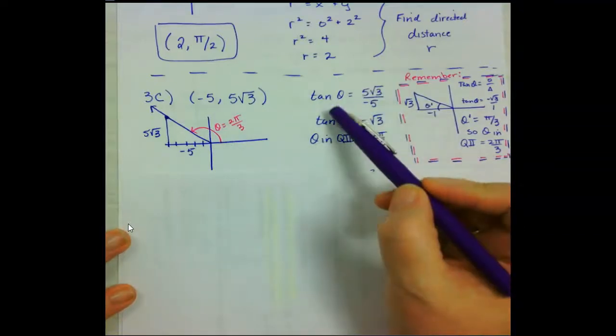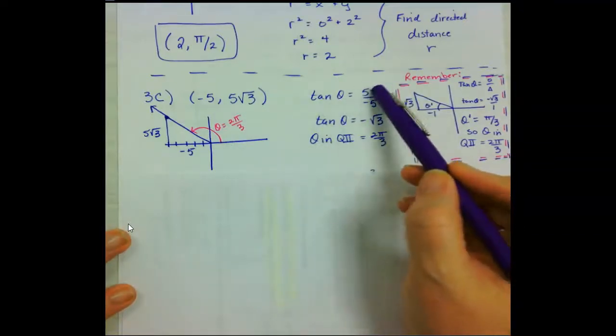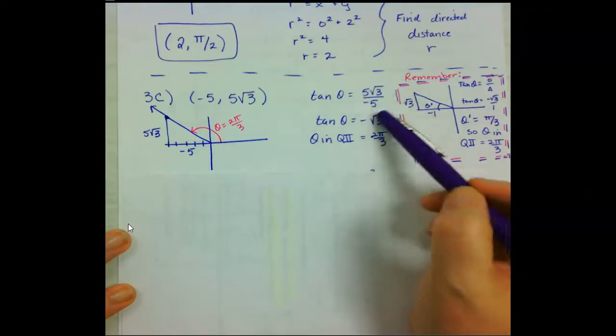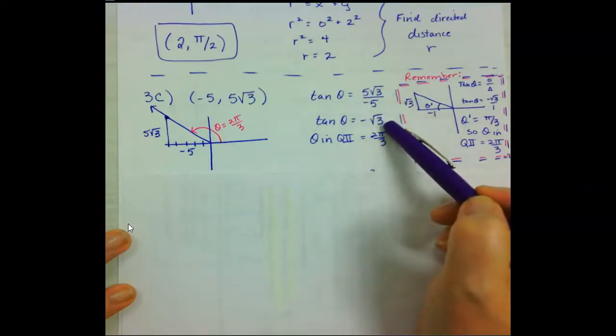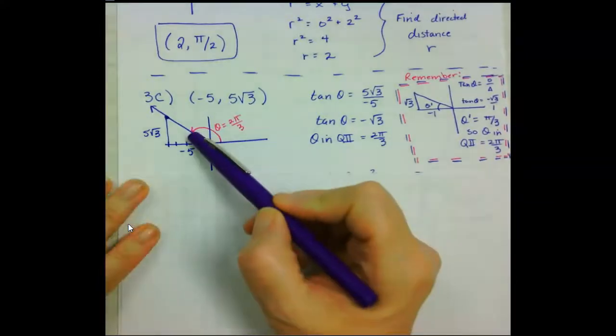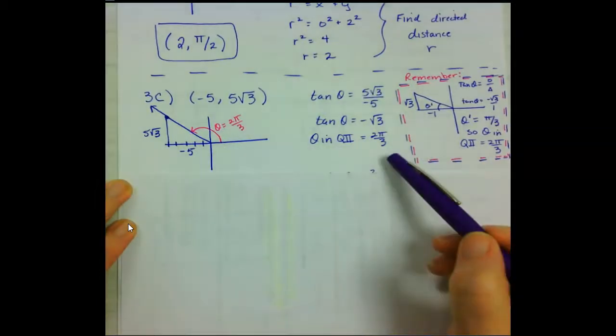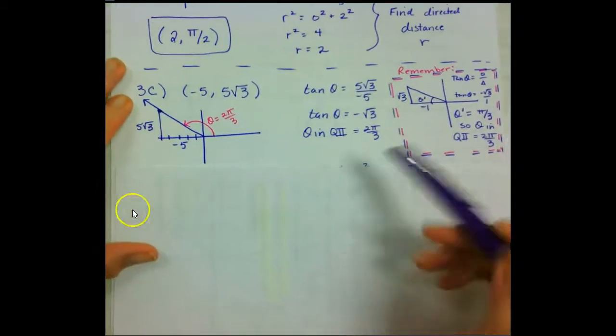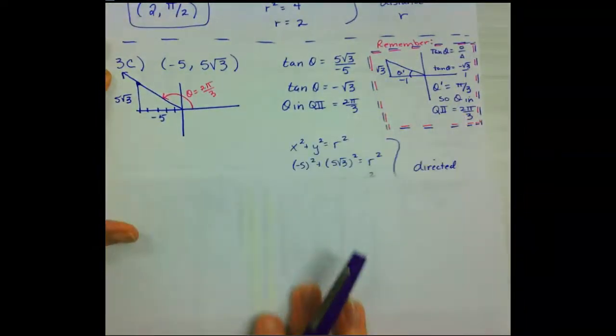So I know tan theta is y over x, so 5 root 3 over -5, and that simplifies to an angle that has a tangent value of negative root 3, which is a unit circle value. I know that it could be negative in quadrant 2 and 4, but we've drawn the picture in 2, so that's the only one I need. So you should be able to come up with that to be 2 pi over 3. This is just making sure you remember how we got that.